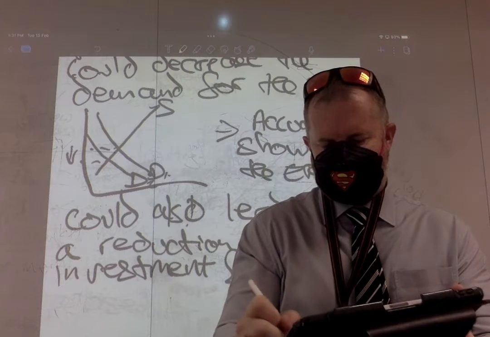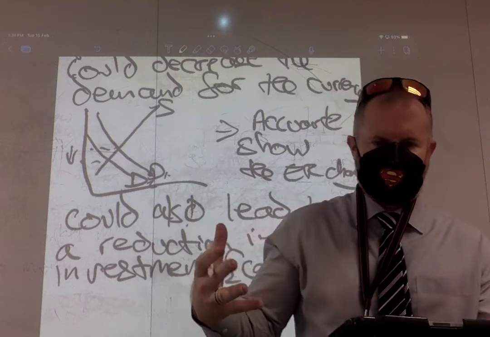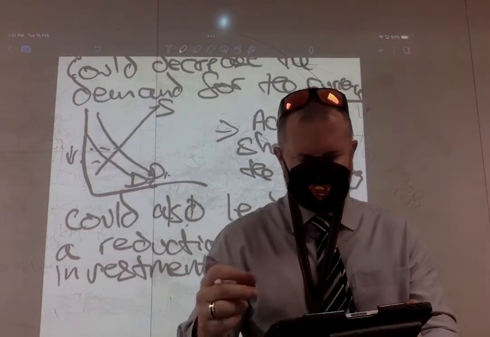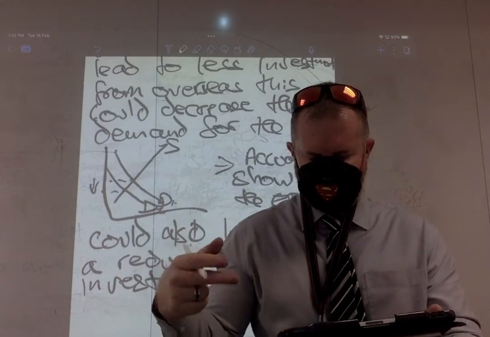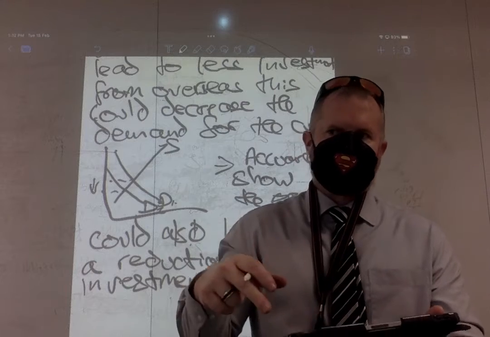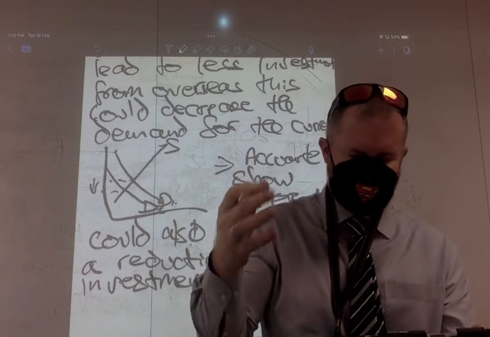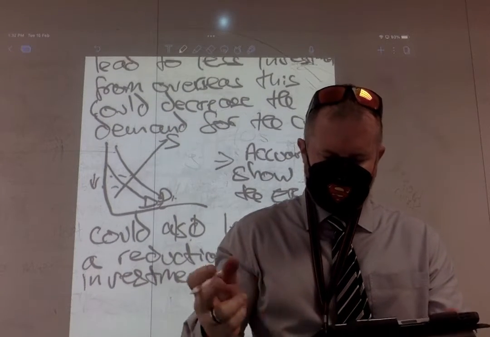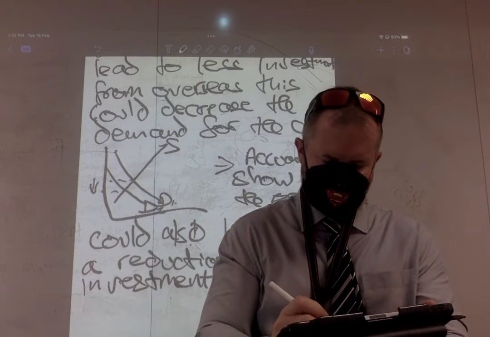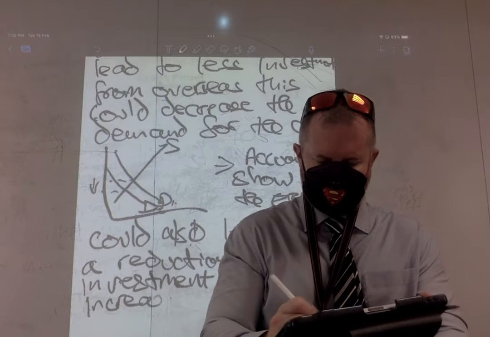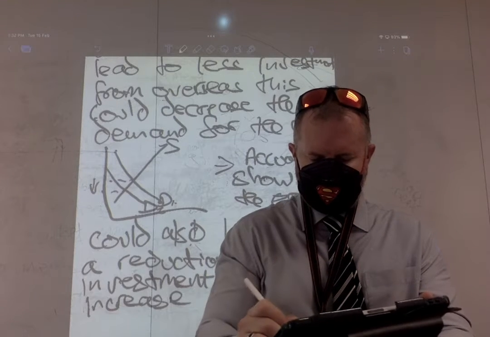Typically you think about things like the stability of the government, corruption, scandals, all of those sorts of things as being a contributor to capital flight. But in this case, the capital flight is based around the economic situation where there's been a decrease in interest rates. So capital flight should lead to an increase in the supply of the currency.